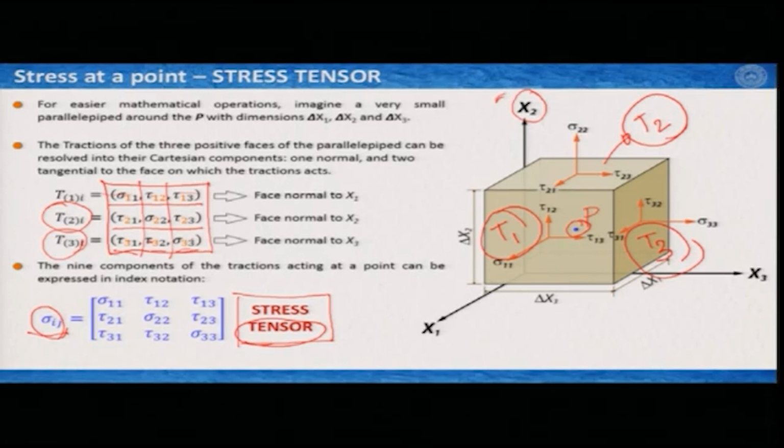So, force or traction was a first order tensor and stress at a point is a second order tensor, and this is neither a vector nor a scalar.